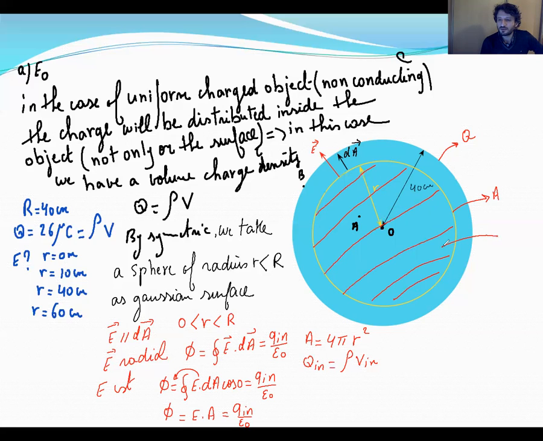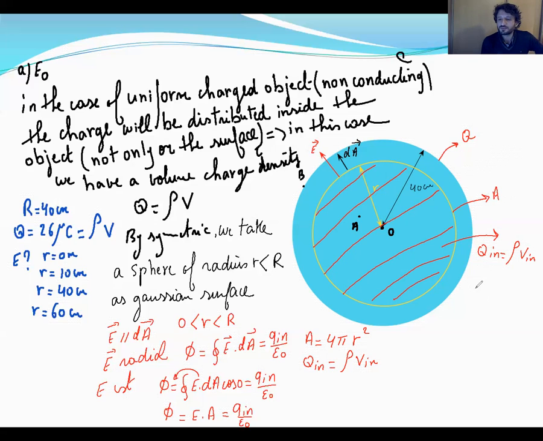Here we have Qn. It doesn't equal Q total, okay? Qn equals rho Vn. Vn is the volume of Qn. The volume of this one is a sphere, equal to 4 over 3 pi r cube, okay?